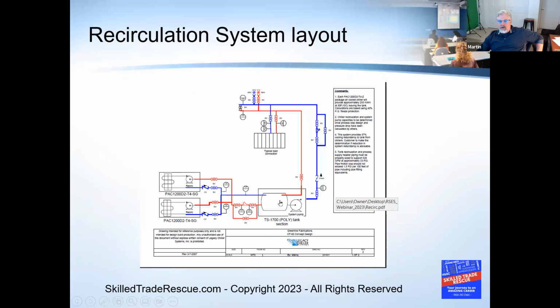Now, can anybody tell me what the advantage of this type of design would be? Got a lot of windmill effect with the buffer tank in there because you got a lot more fluid in the system. All right, so thermal fluid mass, that's one, but what's probably a little bigger benefit to something like this has to do, I'll give you a hint, it has to do with load.